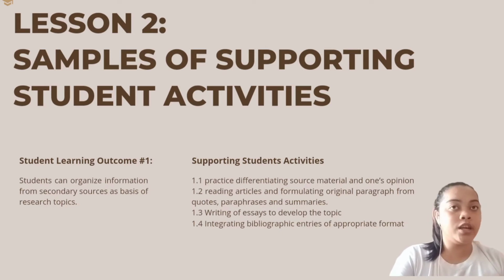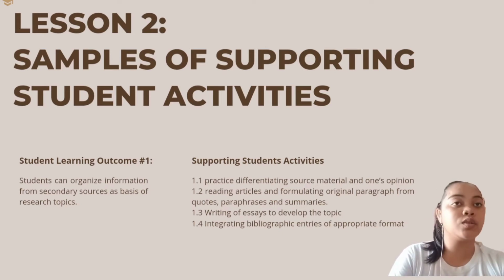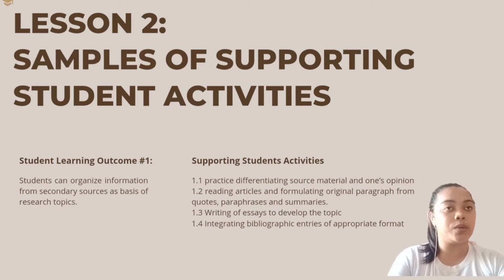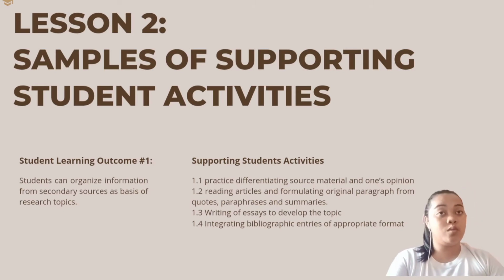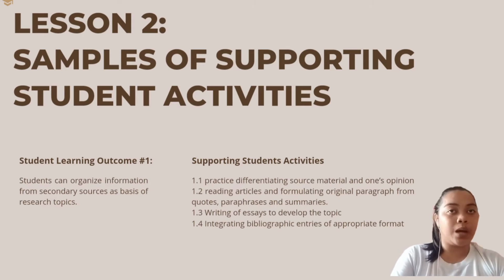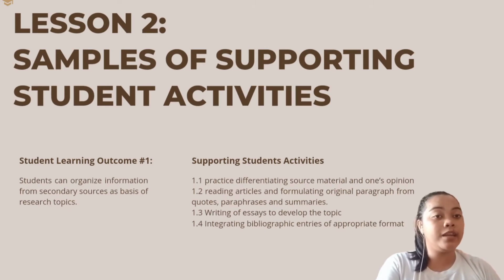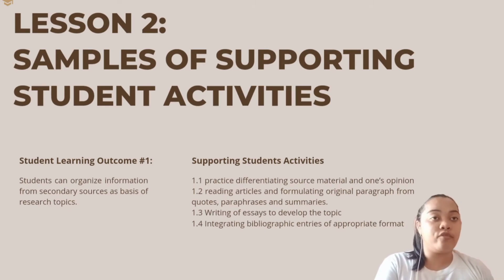Supporting student activities 1.1, practice differentiating source materials and one's opinions. 1.2, reading articles and formulating original paragraphs from quotes, paraphrase, and summaries. 1.3, writing of essays to develop topic. 1.4, integrating bibliographic entries of appropriate format.